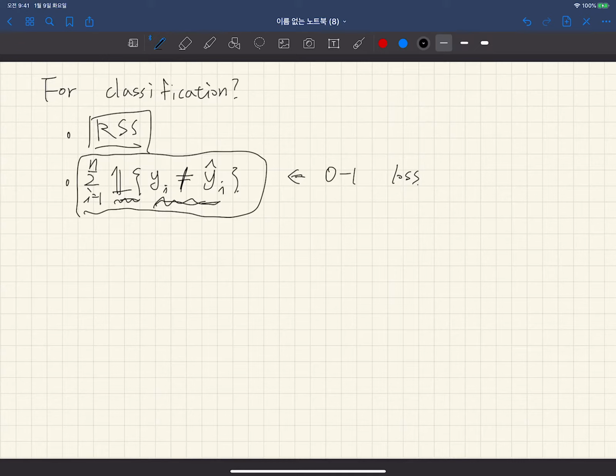This is very intuitive, and this is what we really want to minimize: the number of misclassified nodes. But the problem is the 0-1 loss is not a differentiable function. This is not differentiable.